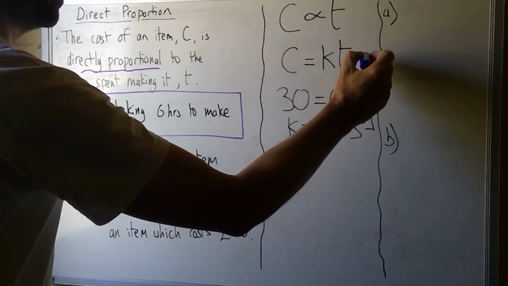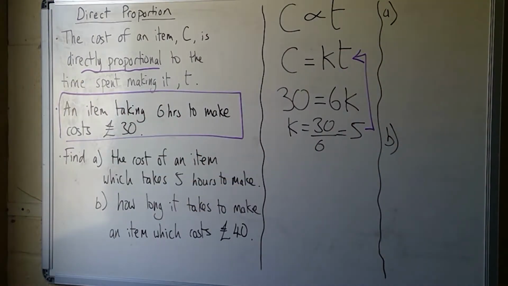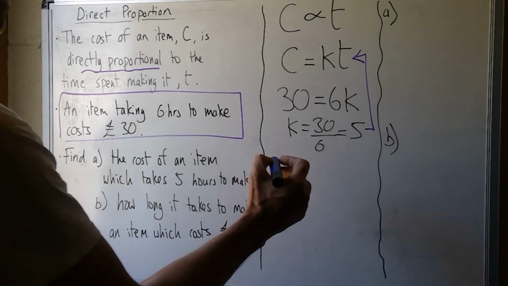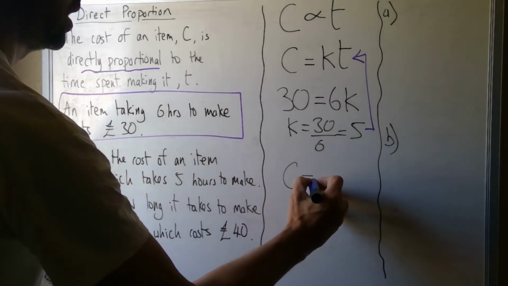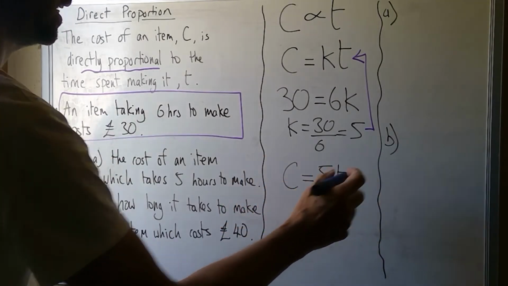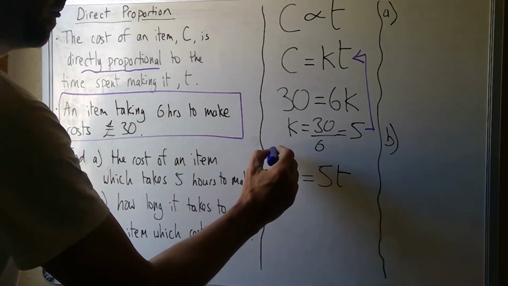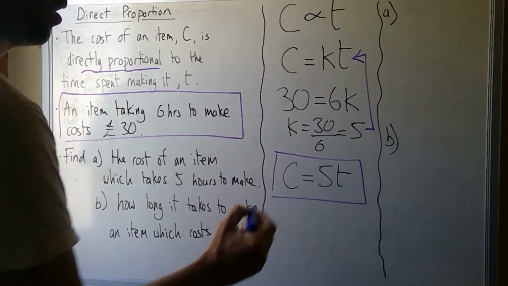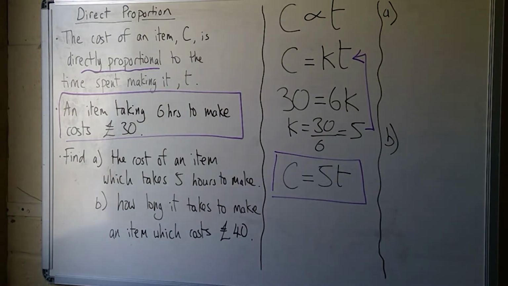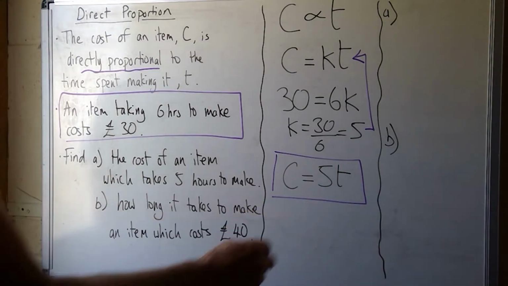Then we substitute that back into this part of the formula here to get C, the cost, equals 5 times T, the time. And this is the formula that links the cost and the time. From now on, we will refer to this formula.